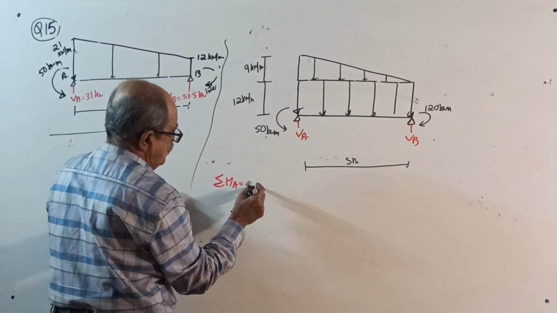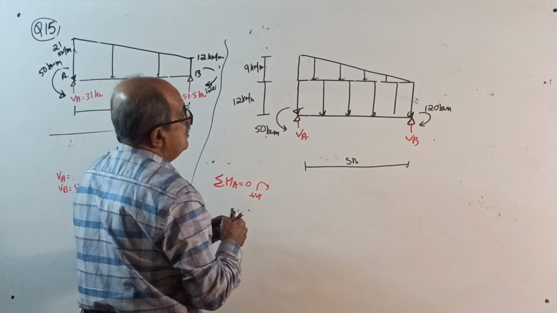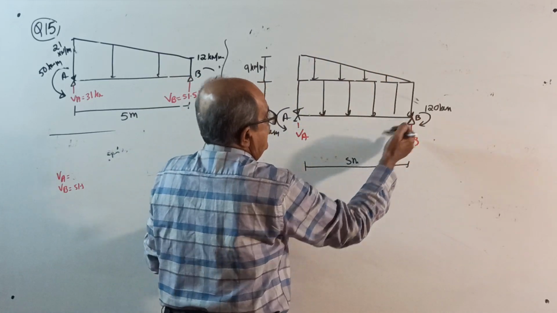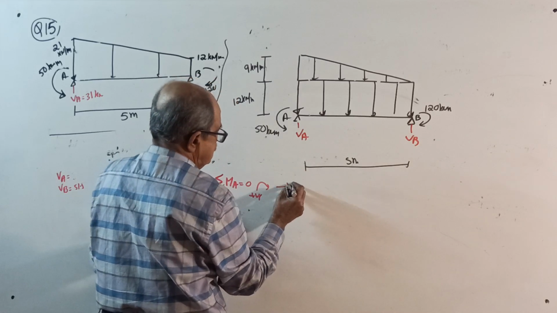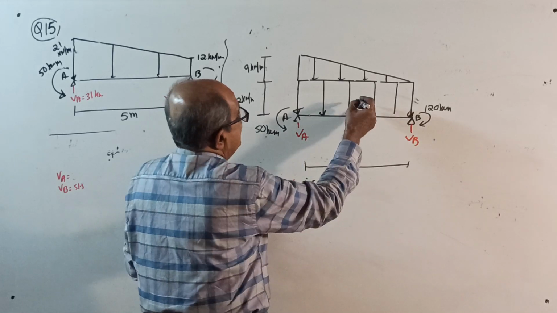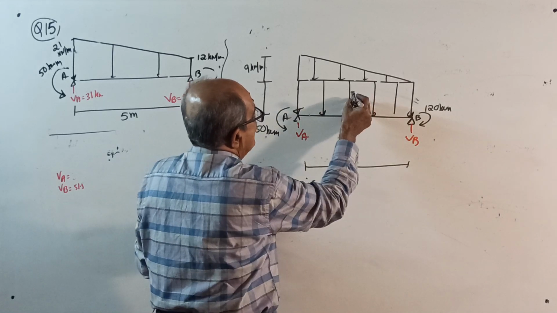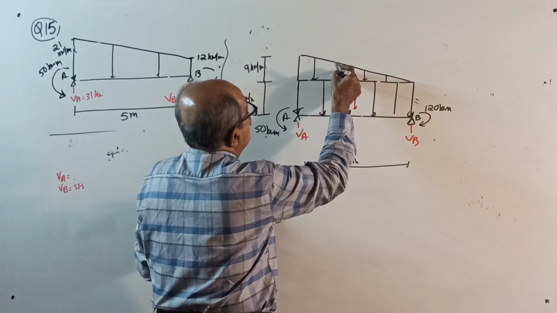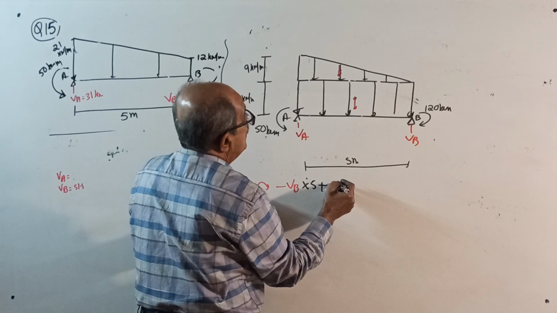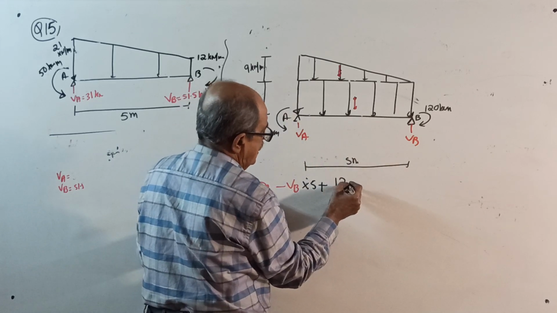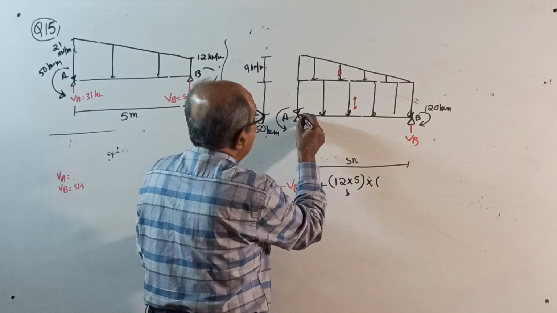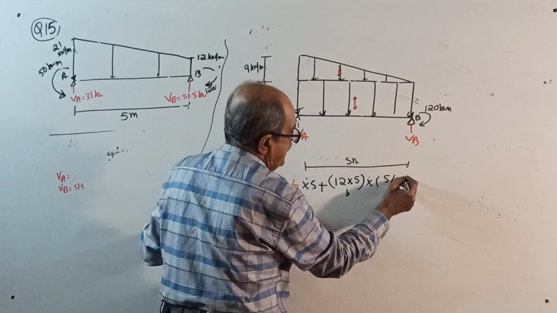Sigma M about A equals 0, take clockwise positive. Minus VB into 5. One load here: this load is UDL, 12 into 5 is the total load, into the exact center, 5 by 2.